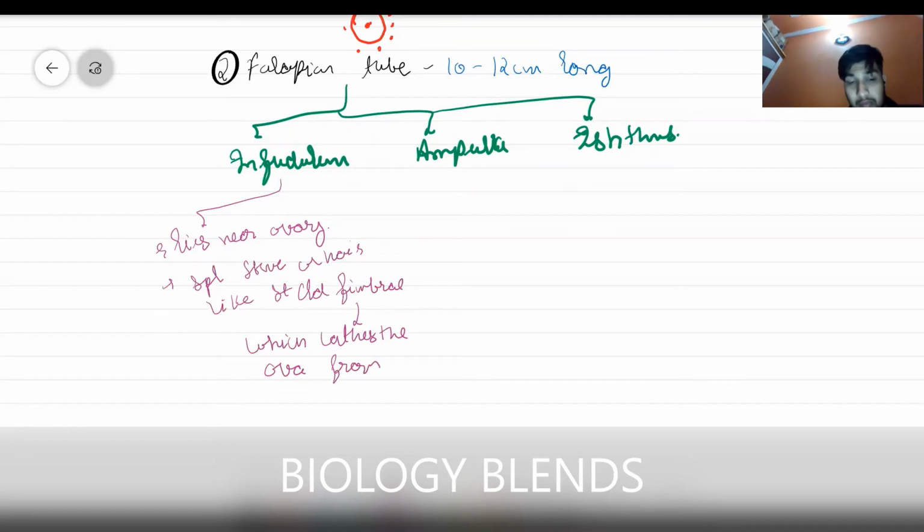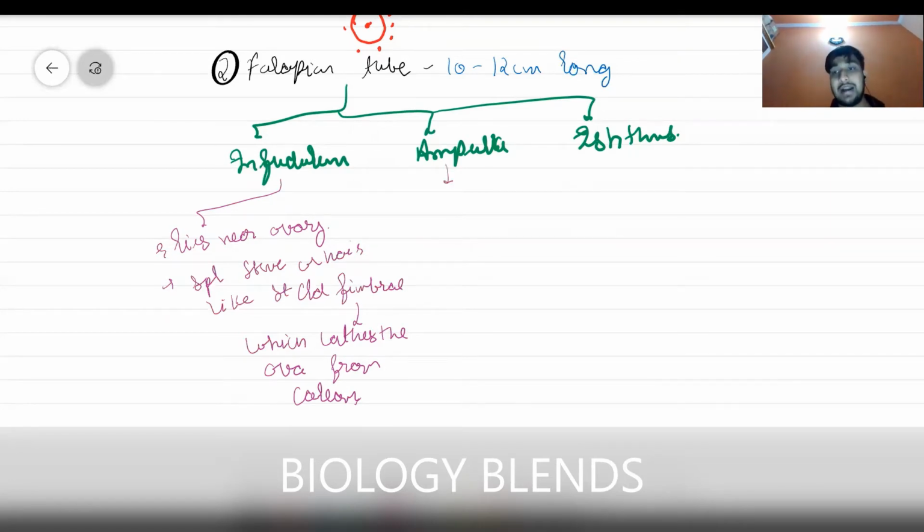Actually, the ova is released in the body cavity, and the fimbriae, the hair-like structure, catches the ova in the fallopian tube.